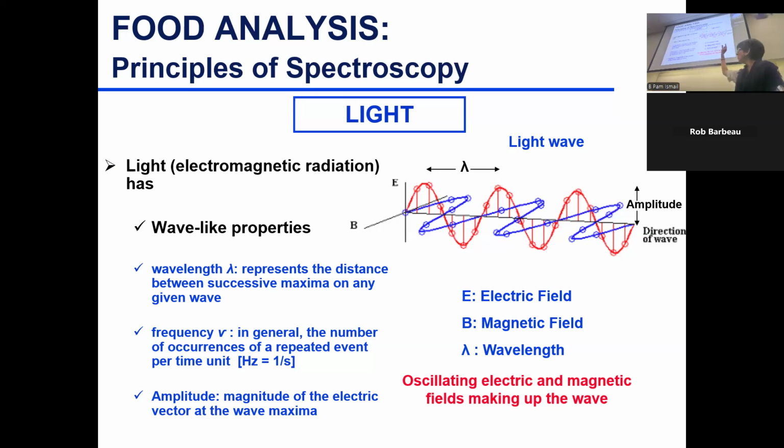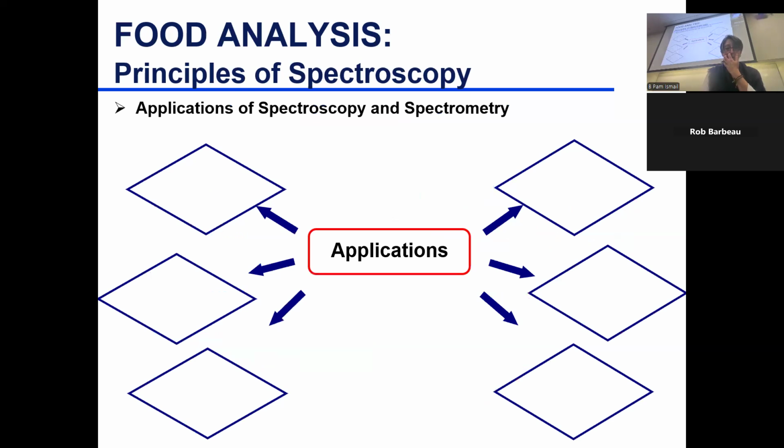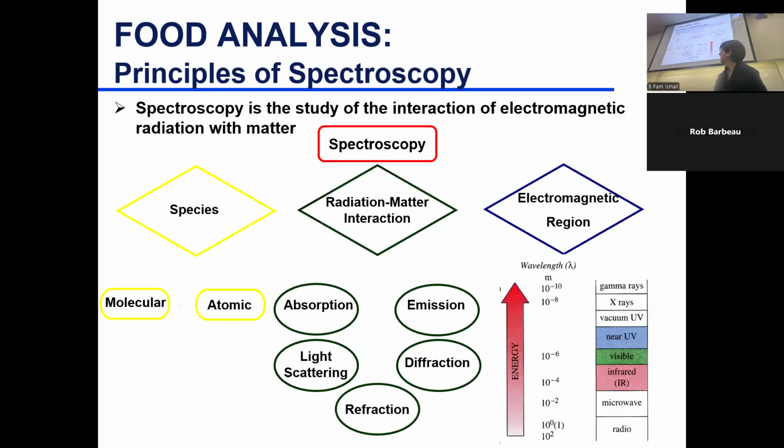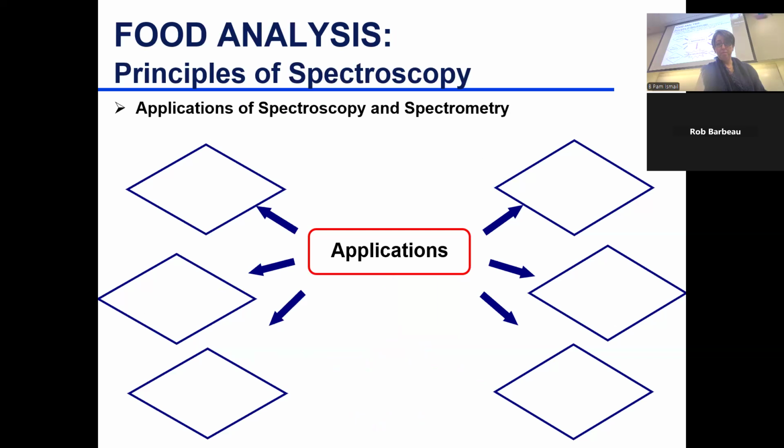So if we go back to this over here, radio is the longest wavelength, all the way to gamma, the smallest wavelength, and from here upward the energy increases. You have more oscillations, more energy within a unit time.